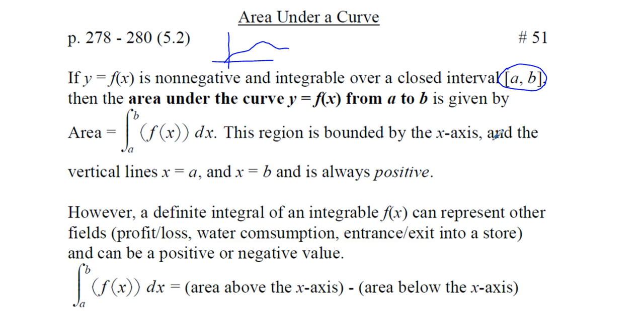This region is bounded by the x-axis and the vertical lines x equals a and x equals b, and is always positive. Here in this little drawing, we have points a and b, with a vertical line proceeding up from a and also up from b.